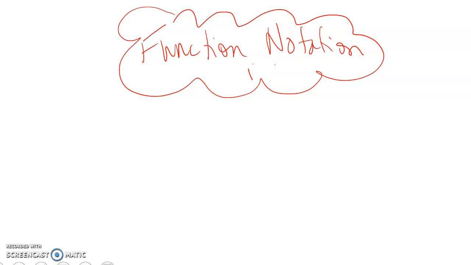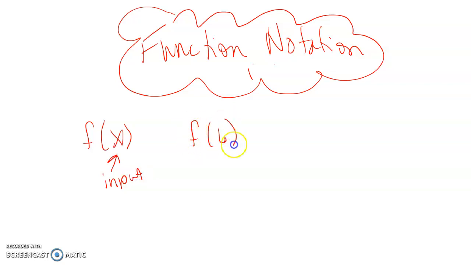We started out with this, f of x. Remember, this is basically the name of the function, okay? The x here is the input. So when I'm given something like f of 6, that means since x is the input, I'm going to input 6 into whatever the function is.